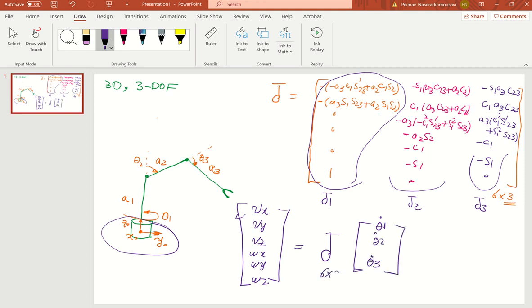This is 6 by 3, this is 3 by 1, because we have a 3 degree of freedom system. So you can get this.